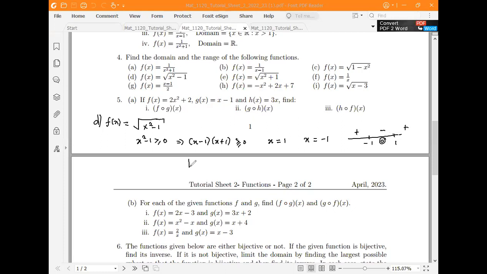So you say the domain is minus infinity up to -1 included, union 1 up to infinity. So the domain that involves greater than or equal to will lead you all the way up to the number line or the table.